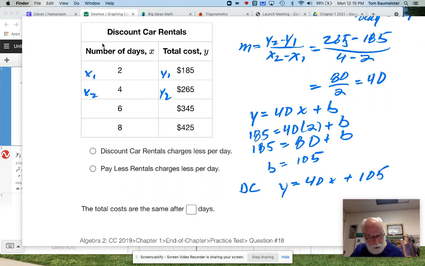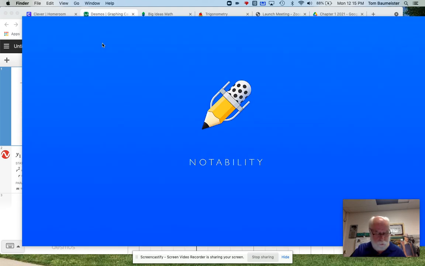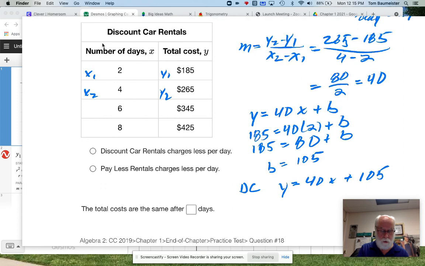And then let's see, the other one was Payless, so let me just call it PL. And on that one there, we have y is equal to 55x plus 60.